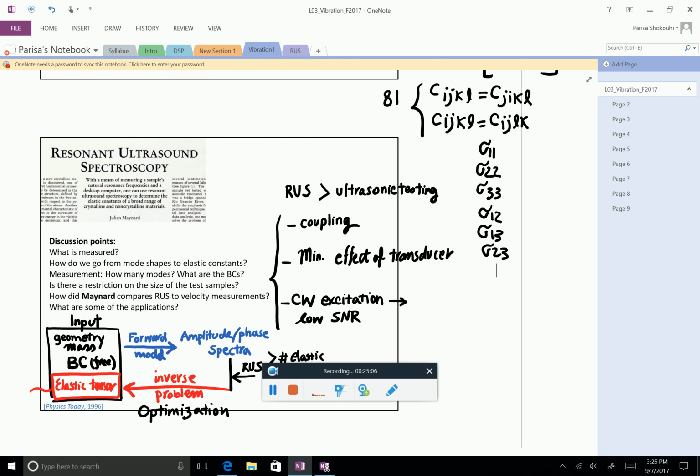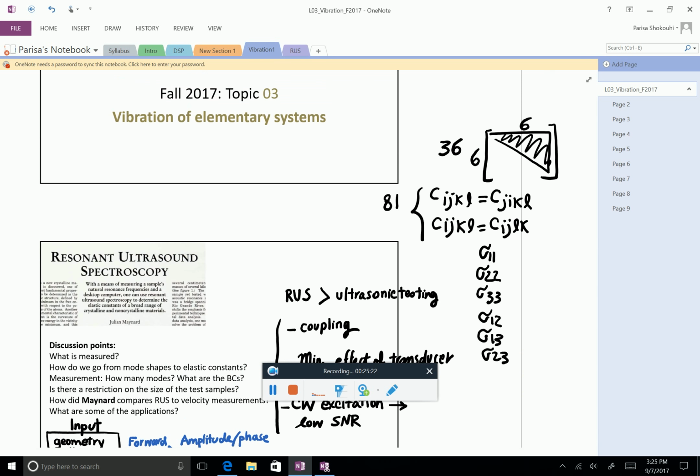Exactly. So what we have are typically only these. These are the ones which are independent from each other. And then these are only 6. So your matrix is like 6 by 6, but then it is symmetric. So you have the 6 on the diagonal, and then you have half of the elements.